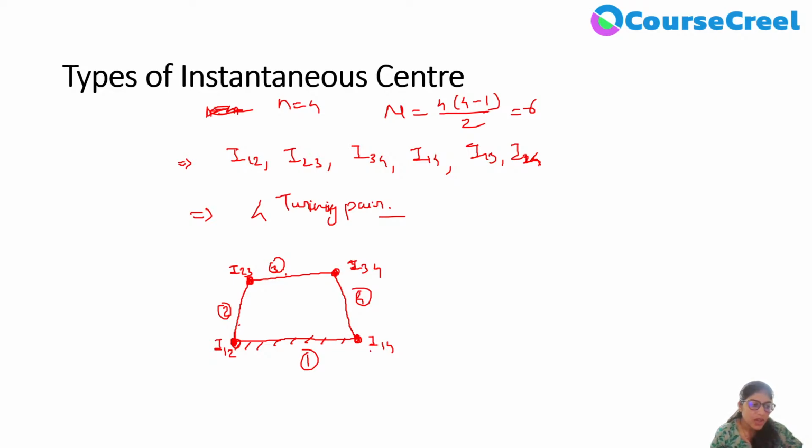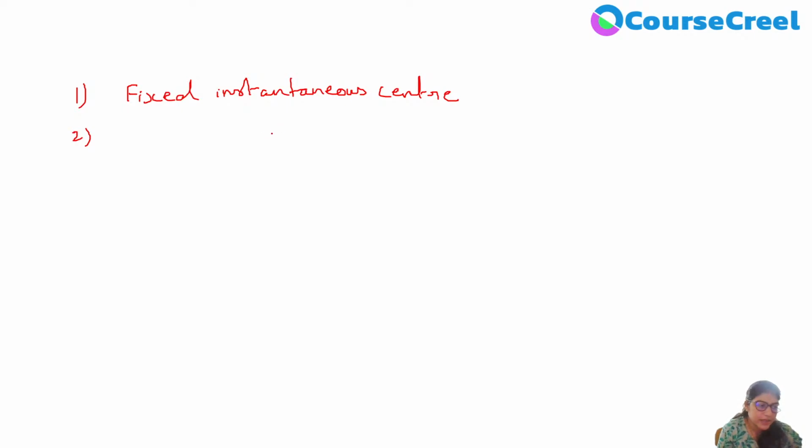Of these instantaneous centers, what are the types of instantaneous centers? The first type is the fixed instantaneous center. The second type is the permanent instantaneous center.